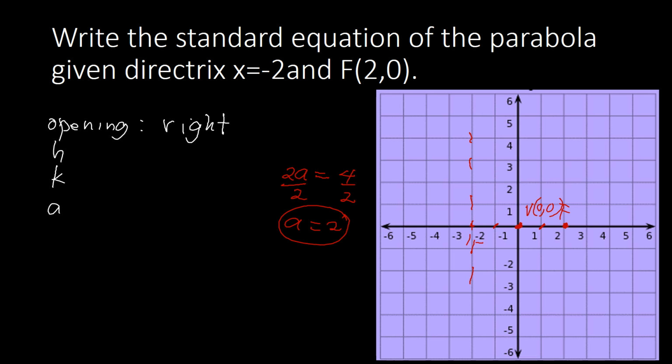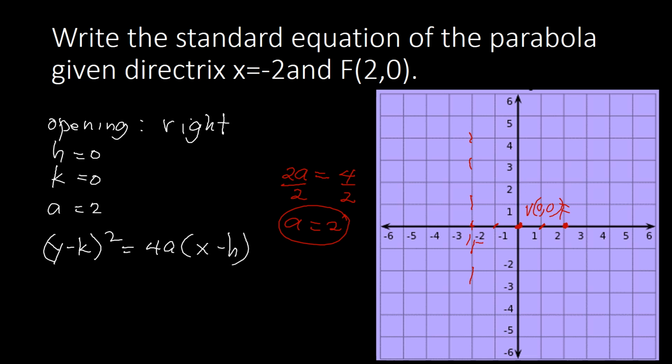We are now ready to write our standard equation. Our h is 0, our k is 0, and our a is 2. Since the parabola opens to the right, the equation is (y minus k) squared equals 4a times (x minus h).